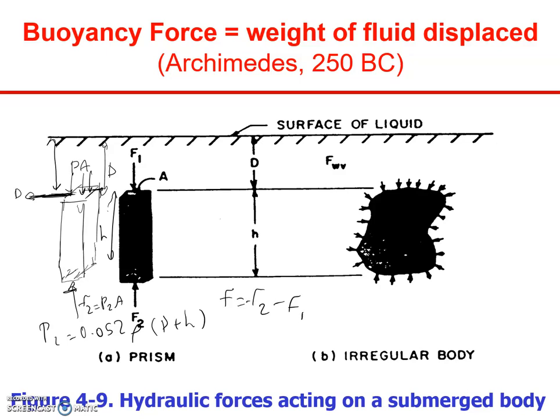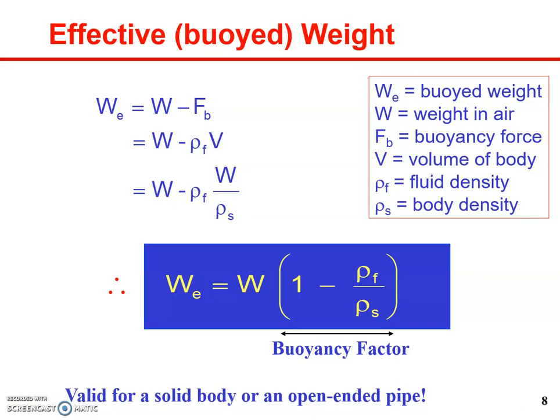If you do the calculations, you get an equation for the buoyancy force. Now, based on the buoyancy force, an effective weight is defined, so the object feels less weight.